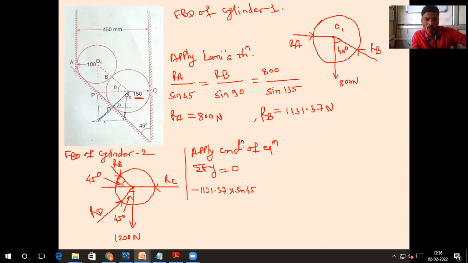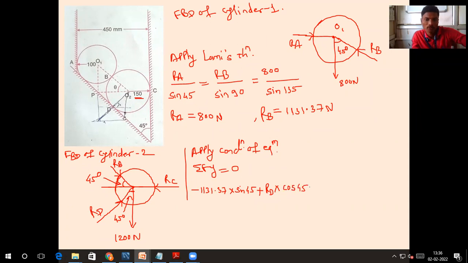Next, RD. Is it going towards the positive y axis or negative y axis? Positive. So it will be positive RD. The angle is 45 with the vertical, so do we have to take sine or cos? Cos. Very good.